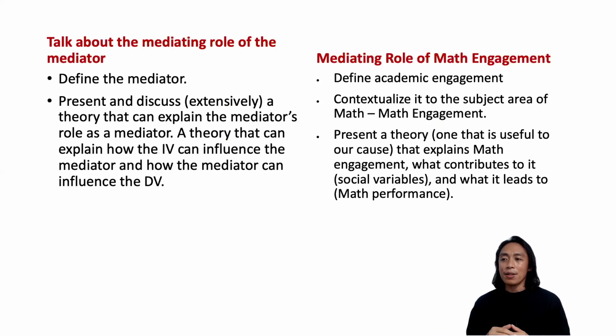So in our example, it says here, present a theory, one that is useful for our cause, which is to explain the mediating role of math achievement in the relationship between bullying and math performance. One that explains math engagement and particularly how social variables such as bullying contributes to math engagement and how math engagement leads to math performance.